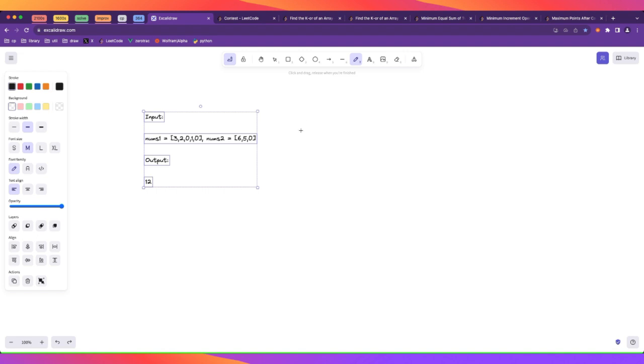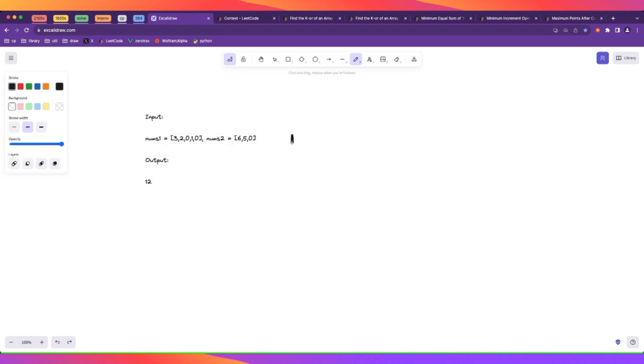So for nums1, we can translate the input in a way that only saves the information that we care about.